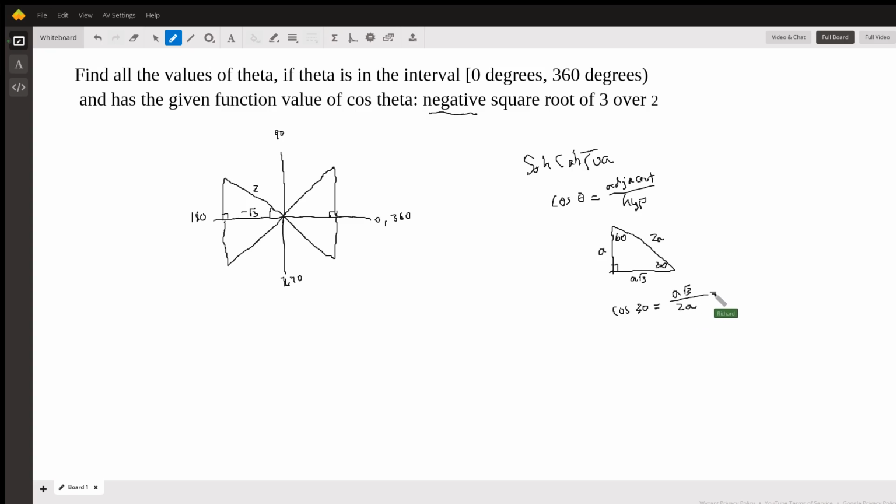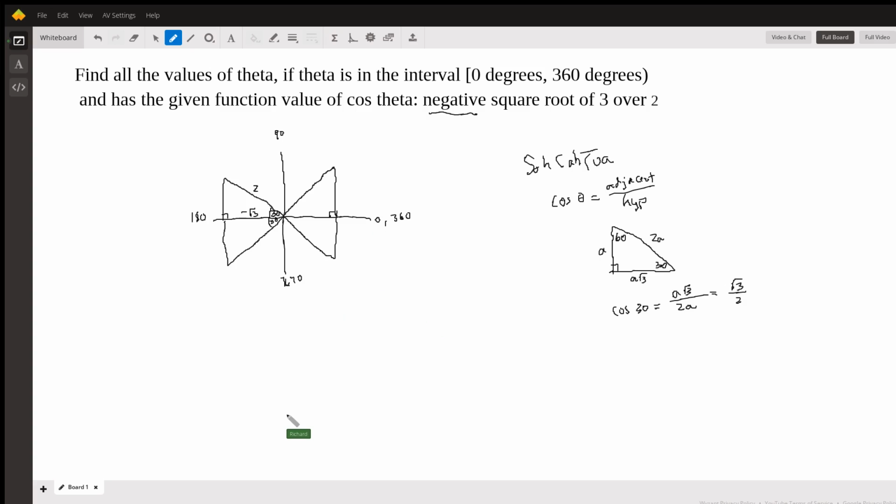So this gives us our desired root 3 over 2. And we know that our reference angle, what we call our reference angle, for root 3 over 2, is 30. And so it must be here or here. Those are the two places for the reference angle.